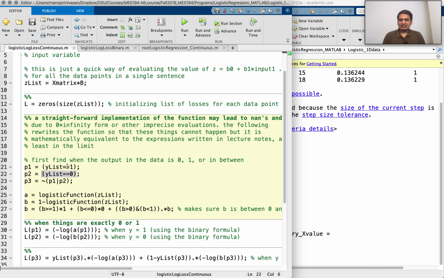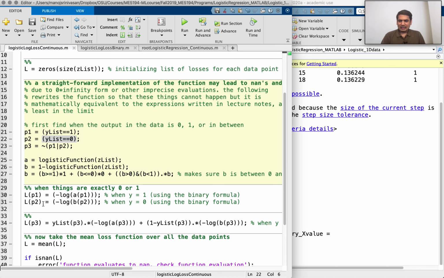P1 is all the indices where y is equal to 1, P2 is all the indices where y equals 0, and P3 is all the indices that are neither 0 nor 1. Hopefully they're between 0 and 1. If it's outside of 0 and 1, there may be problems, but okay. In any case, L of P1 is minus log the logistic function of z at P1, okay?